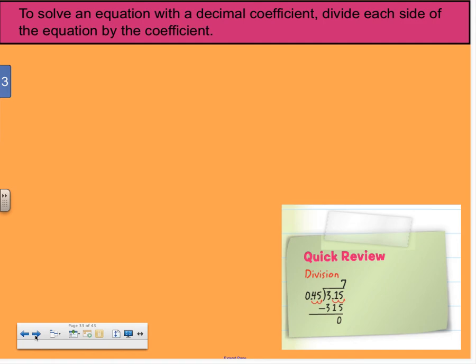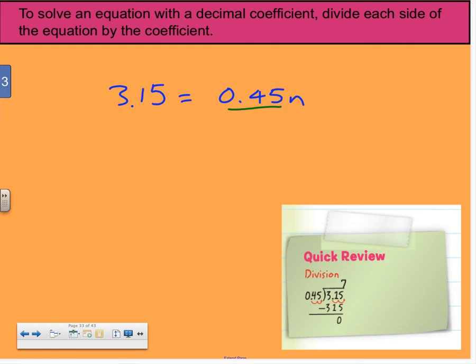So if I have 3.15 equals 0.45n, what is my coefficient in this problem? 3.15. Nope. 0.45n. The 0.45 is in front of the variable, and that is my coefficient.